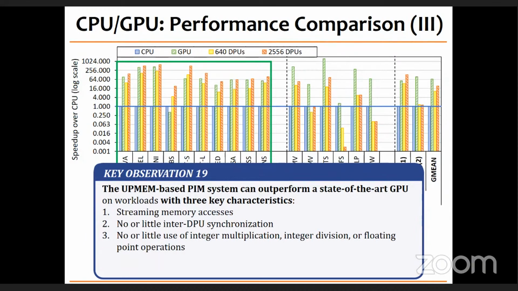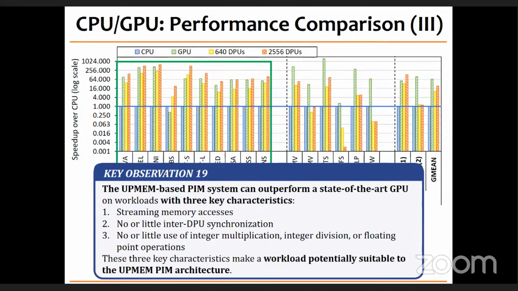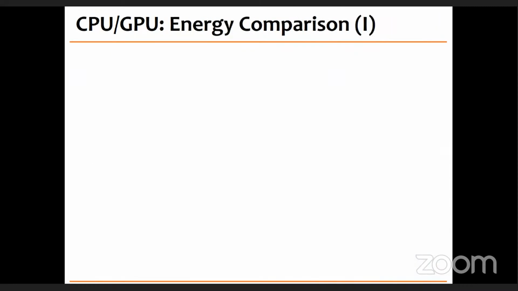So if your workload has these 3 characteristics, for sure it is going to be suitable for the current architecture of UPMEM PIM. Future architectures, I expect them to be better. So, 3 characteristics that define when a workload is potentially suitable to the UPMEM PIM architecture.